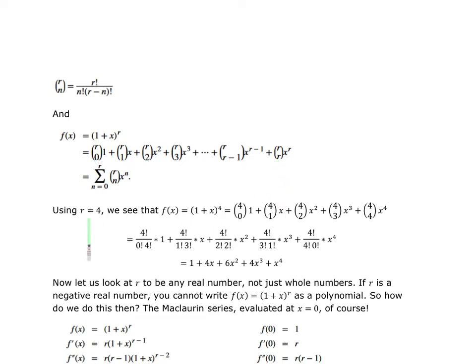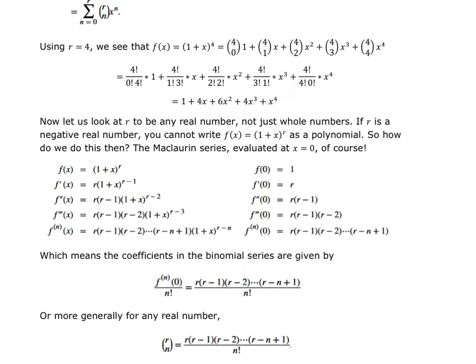If we use r equals 4 and this formula, we end up with 1 plus x to the fourth is 4 choose 0 times 1, 4 choose 1 times x, 4 choose 2 times x squared, and of course all the 1s are there, we're just not going to write those. We can write this as 4 factorial over 0 factorial times 4 factorial, 4 factorial over 1 factorial times 3 factorial times x, and so on. And we see that this is exactly what we had from up above.